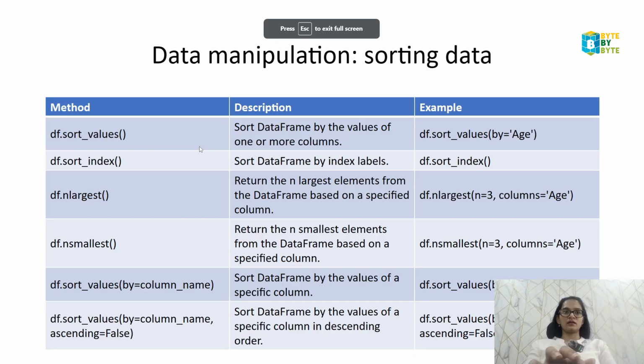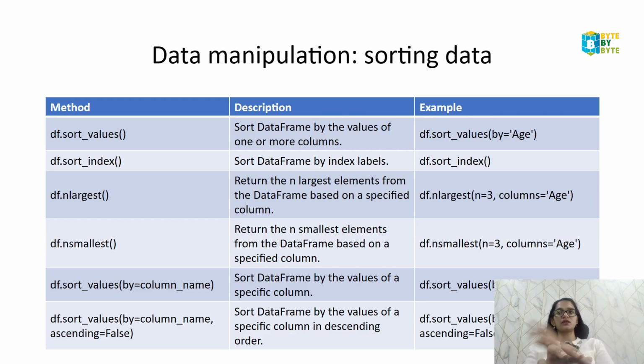Then next thing is df of n largest. So n largest means you can return the n largest elements from the data based on specified columns. So for example, I want 2 largest numbers from the age column and 2 smallest numbers from the age column. So how we are going to see is, we will say df dot n largest.